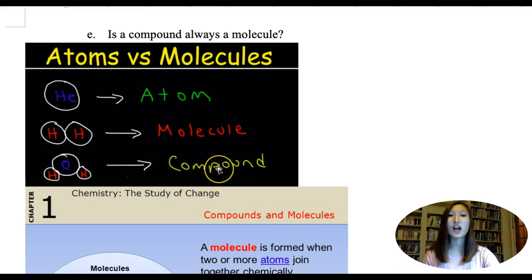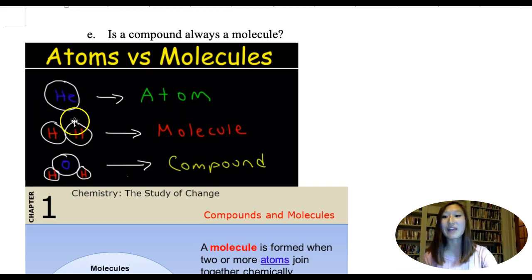And here's something called a compound. The difference between a compound and a regular molecule is that a molecule is not always a compound, but a compound is always a molecule. What makes a compound special is that it has to have at least two different kinds of atoms.